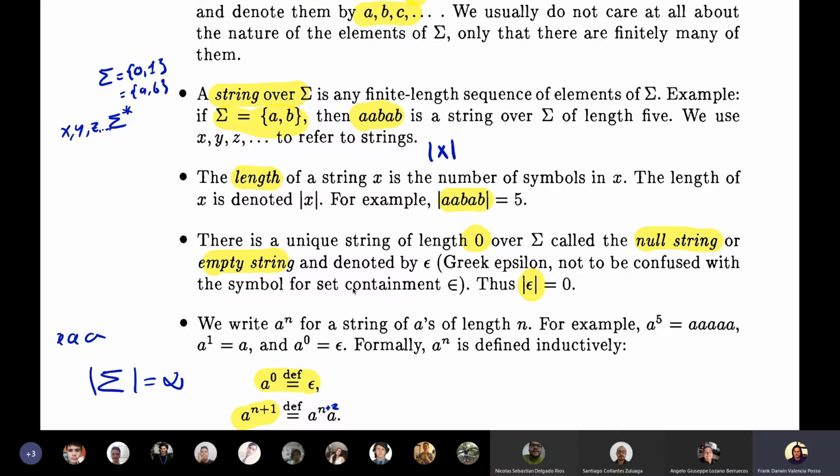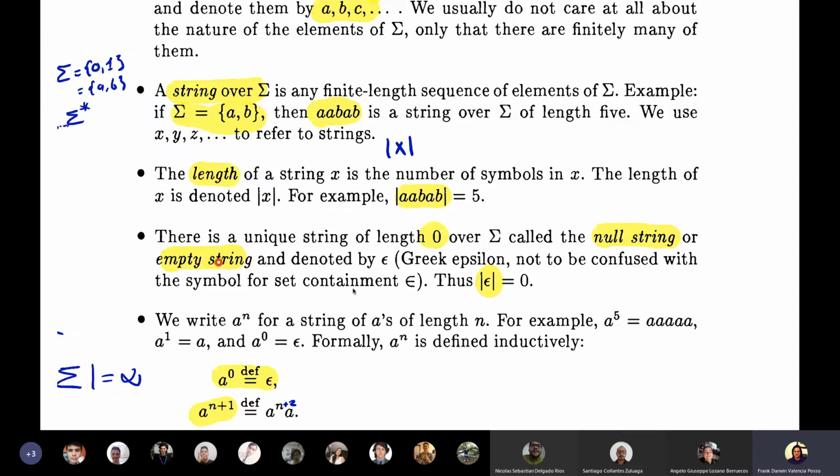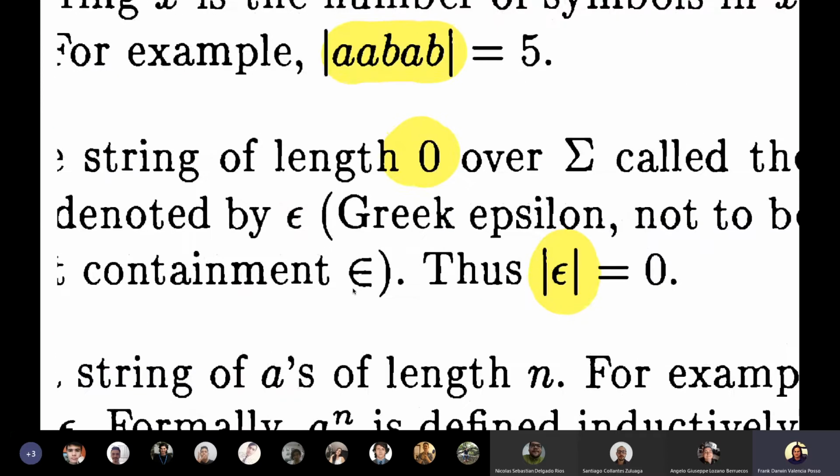That string is called the empty string. It's also called the null string, and is typically denoted with this symbol, which in Greek is called epsilon. So epsilon is the empty string, and its size is 0.